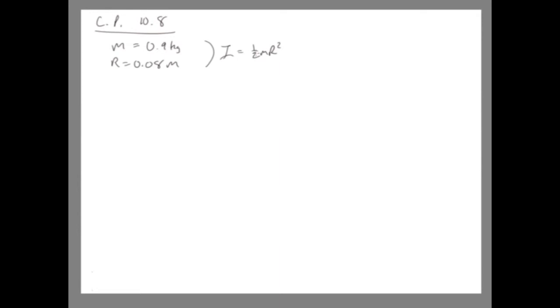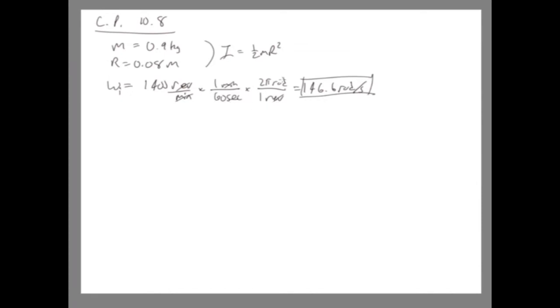And since it says it's a disc, that means that we have a constant of 1/2 in our moment of inertia formula. It then coasts uniformly to rest from 1400 RPMs in a time of 35 seconds. So this omega, 1400 RPMs, is revolutions per minute.